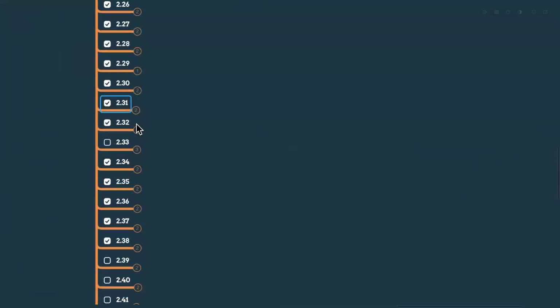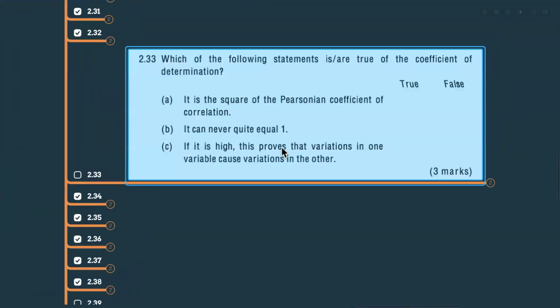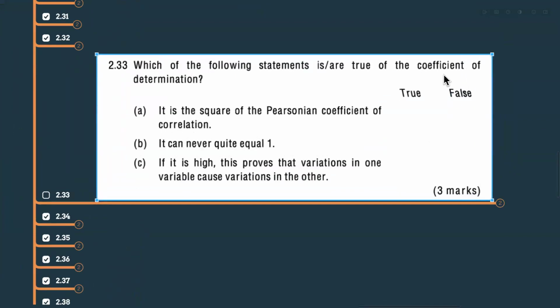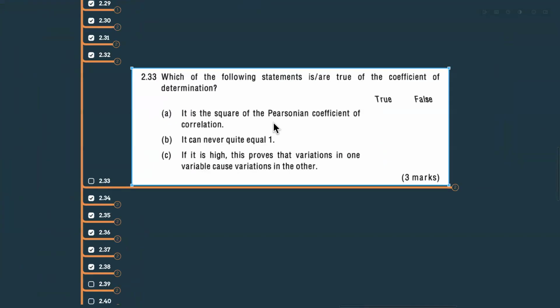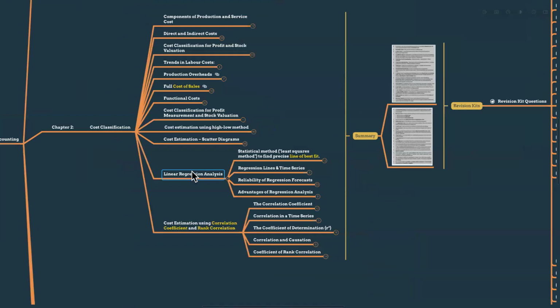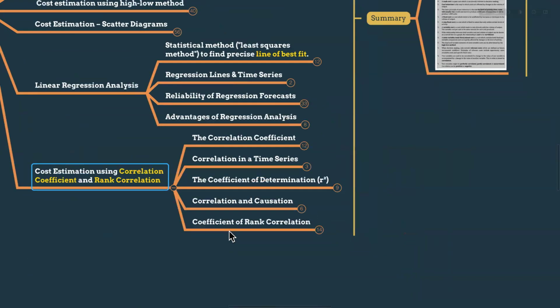So 2.31 is done. And 2.33: which of the following statements is or are true of the coefficient of determination? Right? Coefficient of determination means r or r squared. Here, see, coefficient of determination and correlation coefficient.